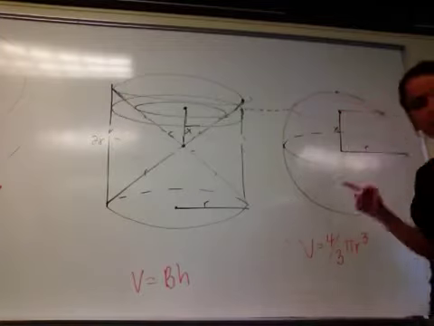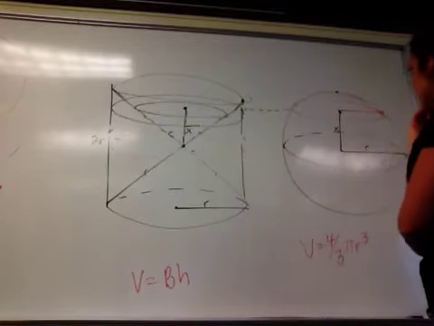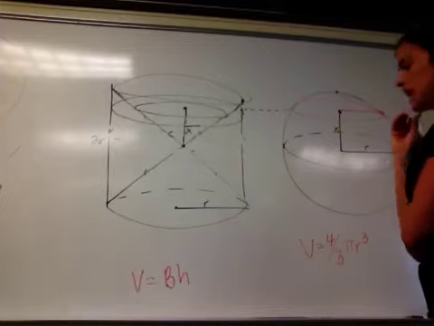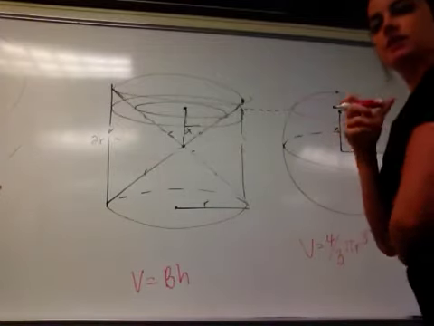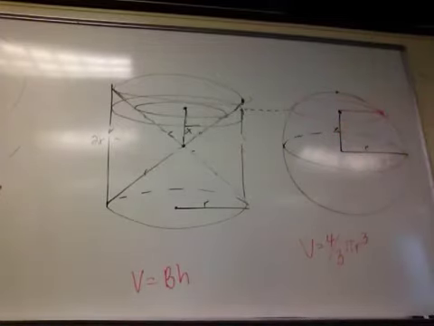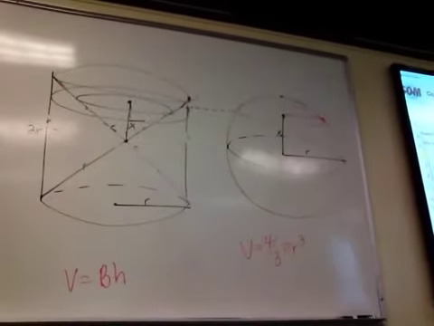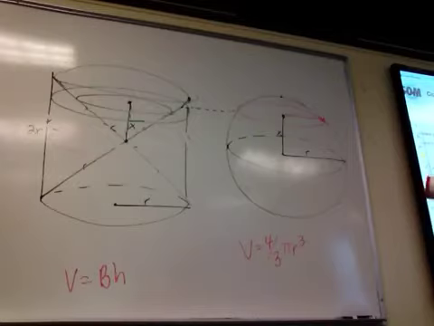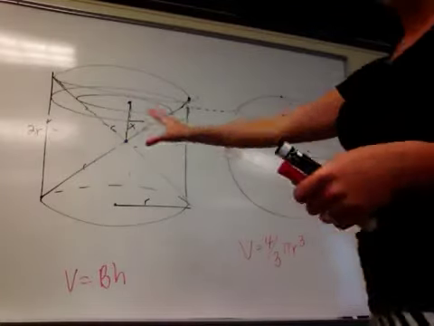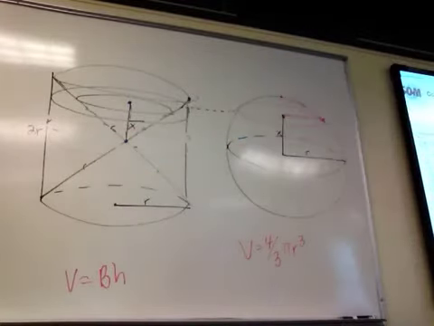How can I represent that? I could give it a different variable, but I actually don't want to do that. I'd like to keep everything with x's and r's because that's what I'm using over here. And so if I can keep them both in x's and r's, then I can find a relationship.